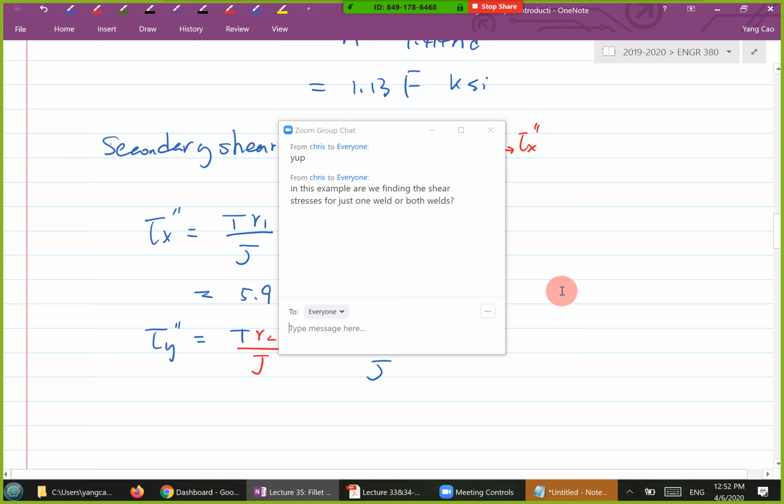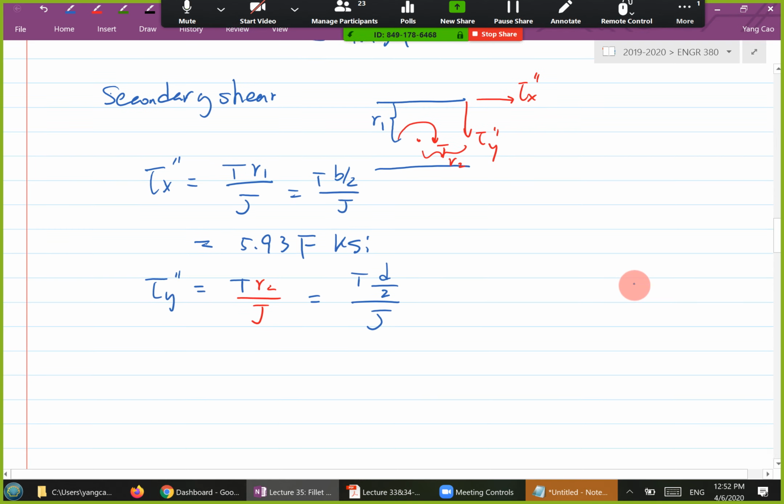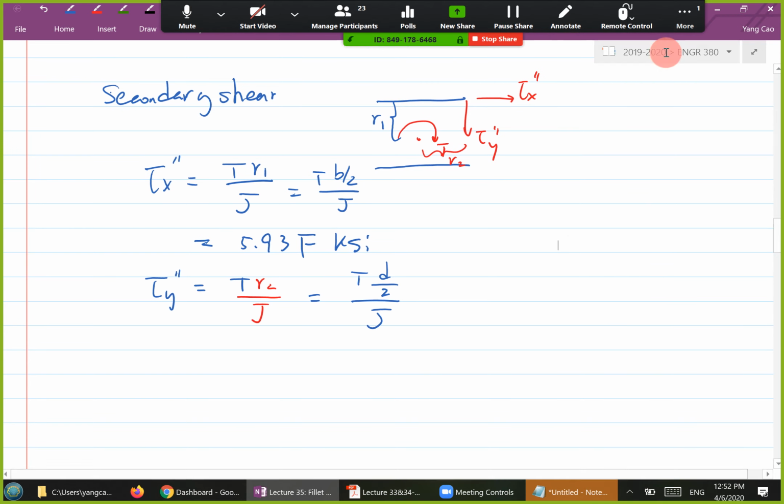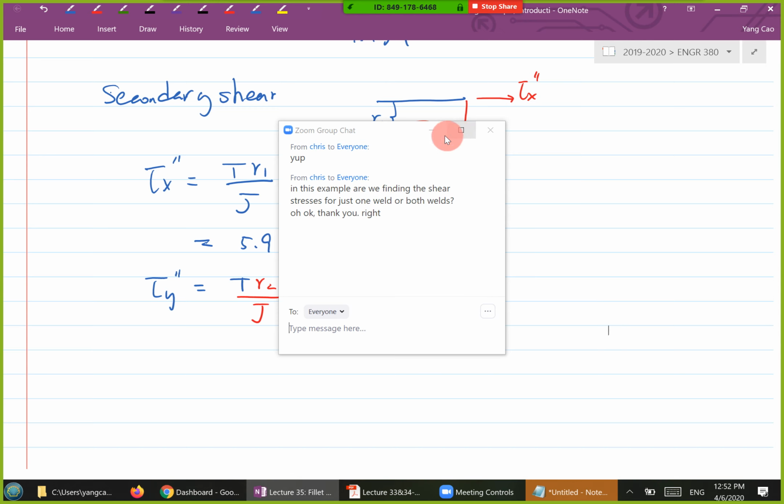The weld group, of course, consists of two strips of weld, and this location here is the location that will give you the maximum shear stress, because that's the longest distance from here to here. Good. All right.